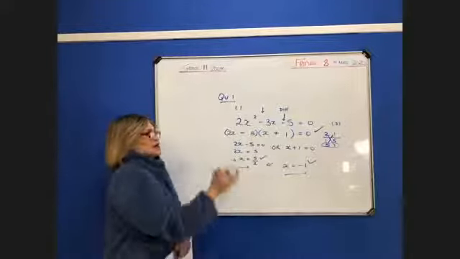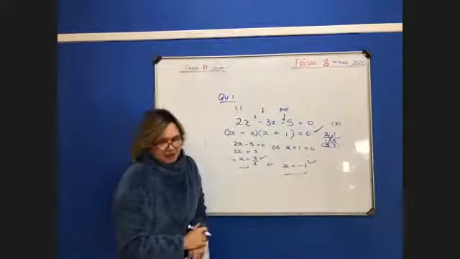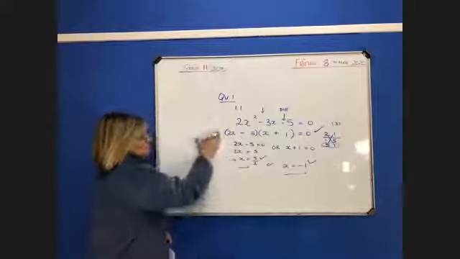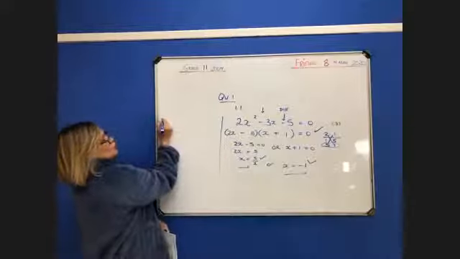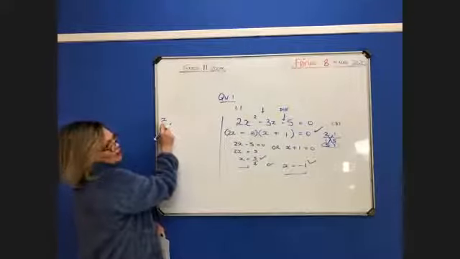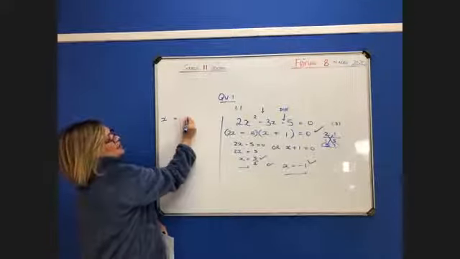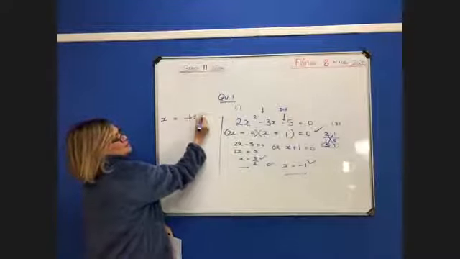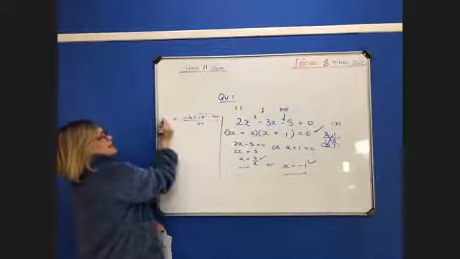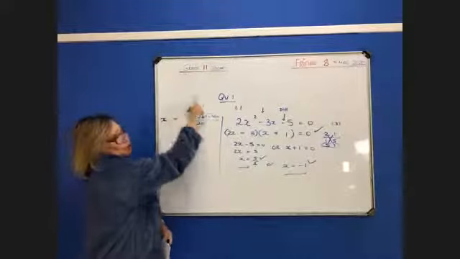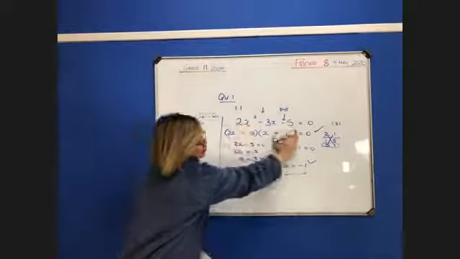Now, guys, there are a lot of you who couldn't factorize that. So if you use the quadratic formula, you can't drop the equation. You can't just go minus b plus or minus the square root of b squared minus 4ac over 2a. You have to write x equals. It must be an equation.